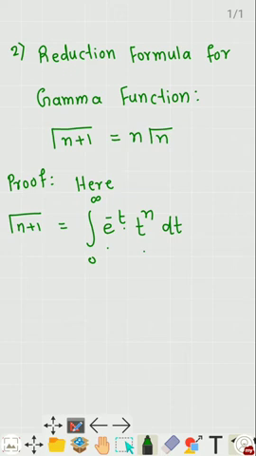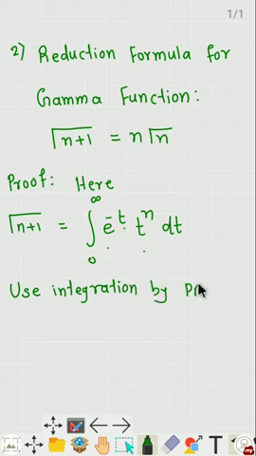So to solve this integration, we use integration by parts. That thing is known to us.